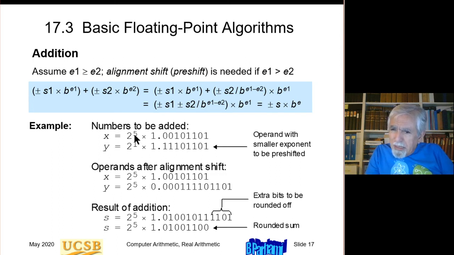So X has exponent 5, Y has exponent 1, and these are the significands. The number with the smaller exponent is right shifted by the difference between the two exponents, which is 5 minus 1, 4. So Y is right shifted by 4 bits.